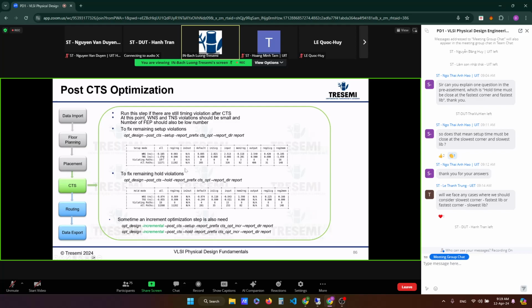So you can take a look here, this is a summary of your design timing. This is WNS. In this particular one you can see WNS is negative 0.185 nanosecond, 185 picosecond. Remember, negative slack is bad. That means you have violations.